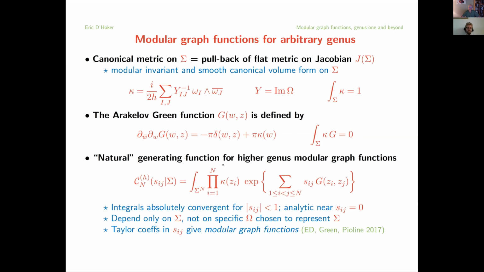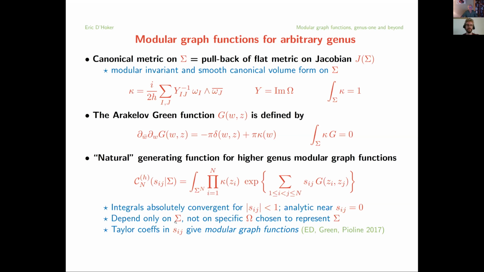So a natural generating function for higher genus modular graph functions would be to write down the exponential of these kinematic invariants with this Arakelov Green's function, and then take as a measure the product of the measures for each surface. So these integrals are absolutely convergent for s less than 1 in absolute value. So they're analytic near s equal to 0.